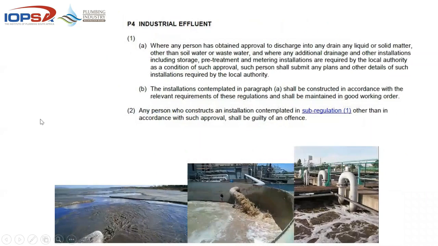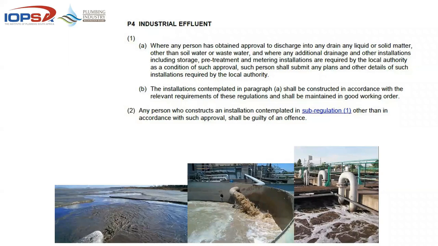P4, industrial effluent, that would be for the construction guys or the guys that deal with factories or do maintenance at factories, where any person has obtained approval to discharge into any drain any liquid or solid matter other than soil or waste. If additional drainage or other installations, including storage, pre-treatment, metering installations, are required by the local authority, that person shall submit any plans and details of that installation as required by the local authority.